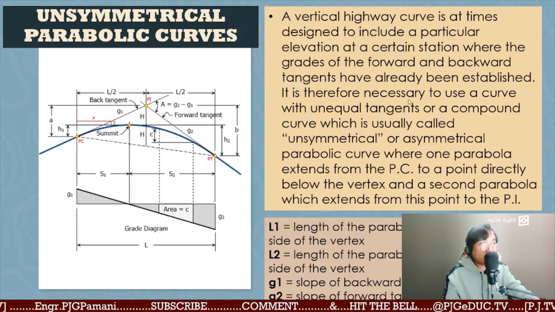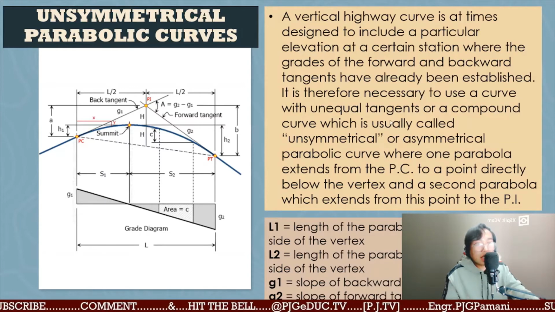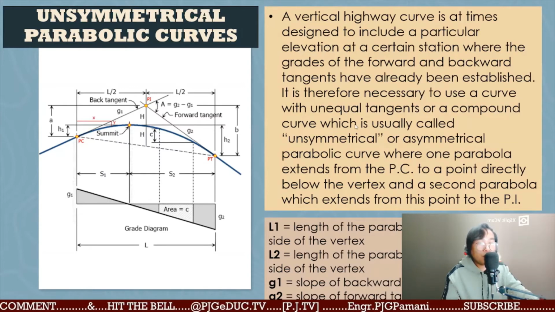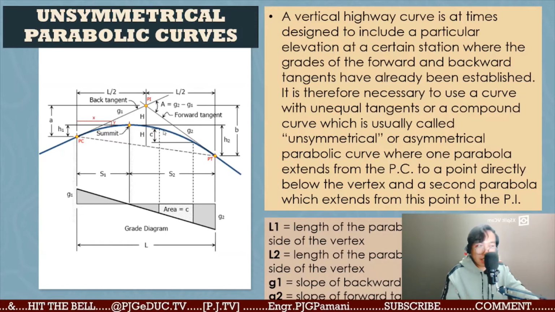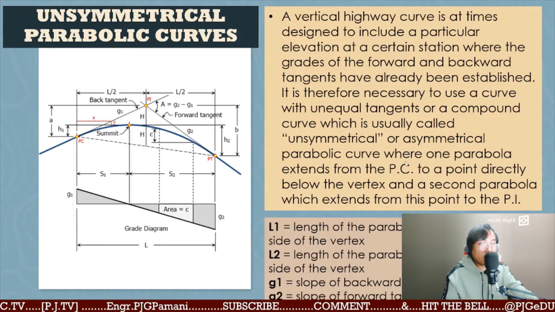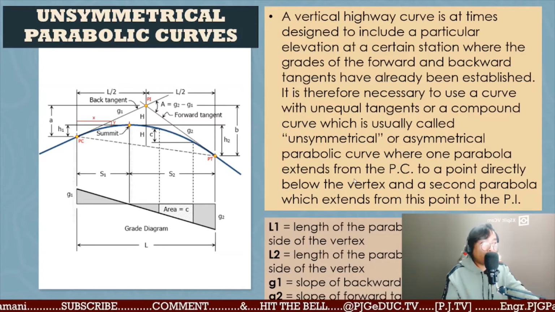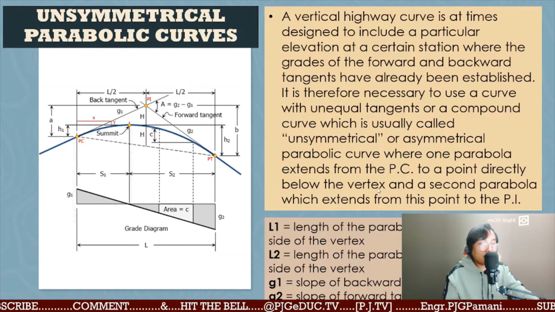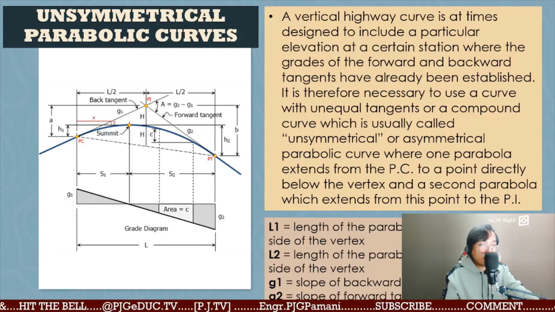It is therefore necessary to use a curve with an unequal tangent, or basically a compound curve, which is usually called your unsymmetrical parabolic curve, or asymmetrical parabolic curve, where one parabola extends from PC to the point directly below the vertex, and a second parabola which extends from this point to PI.